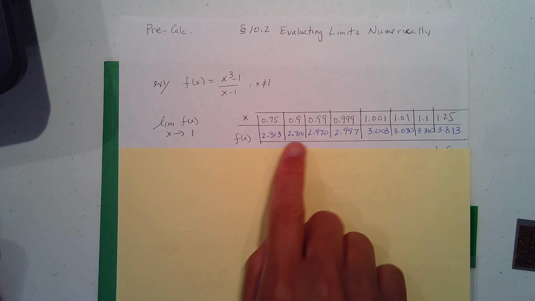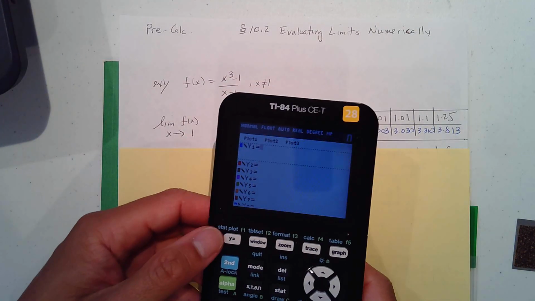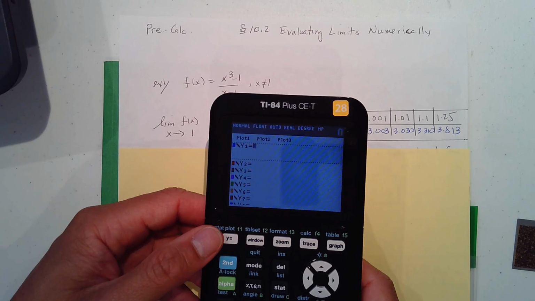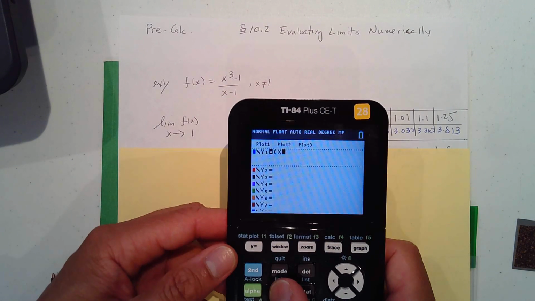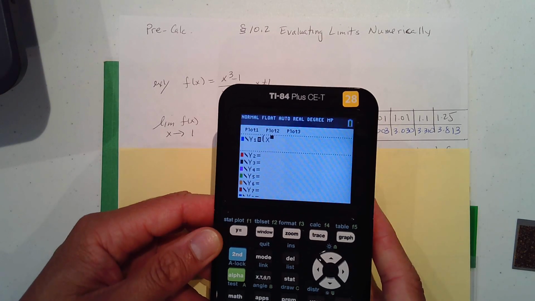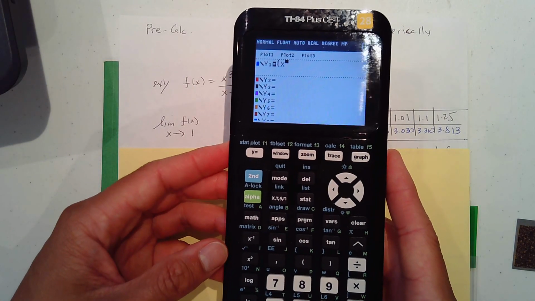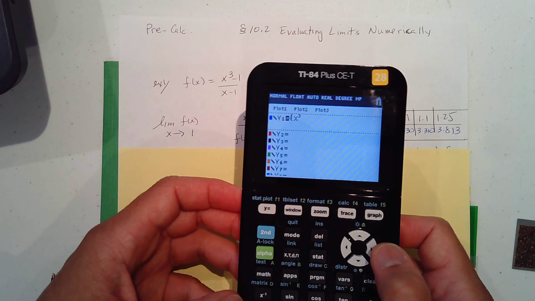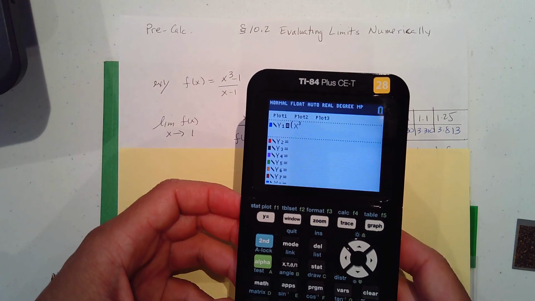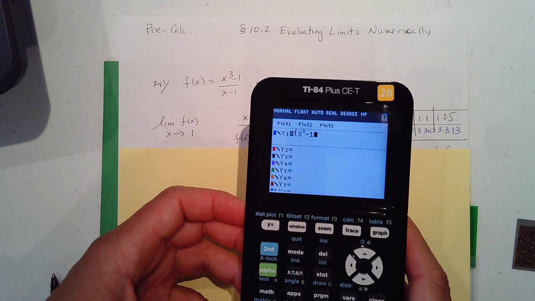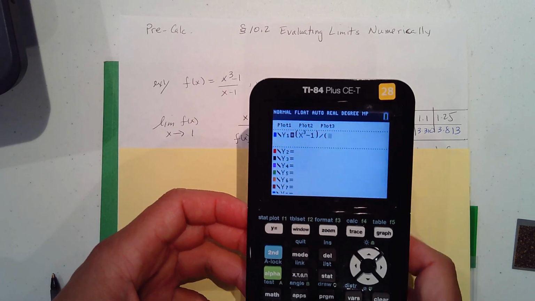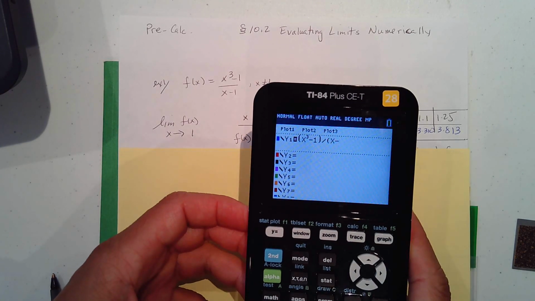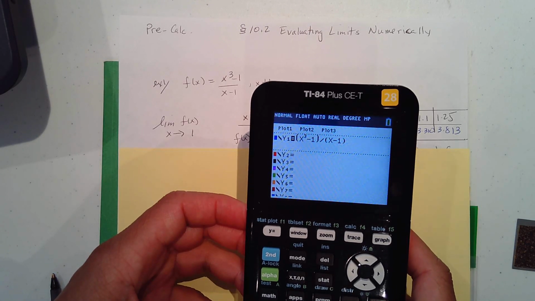Well, to calculate these values, get your graphing calculator. Put in y equals, put parentheses, x cubed minus 1, close parentheses, divided by parentheses, x minus 1, close parentheses.